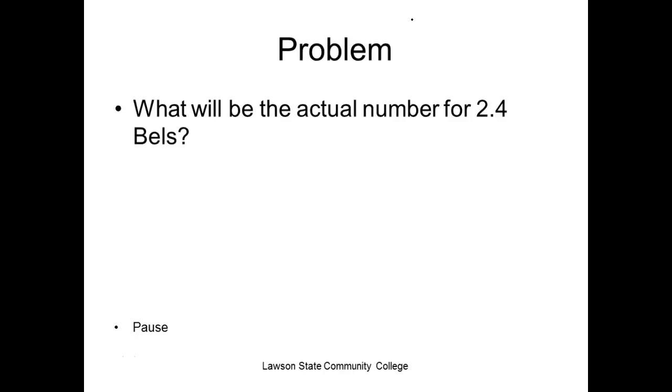I know it's going to be between 100 and 1,000. And it's non-linear, guys. So what does it give me? 251. But see, right off the bat, I knew it had to be somewhere between 100 and 1,000.